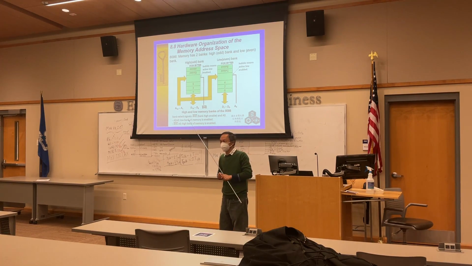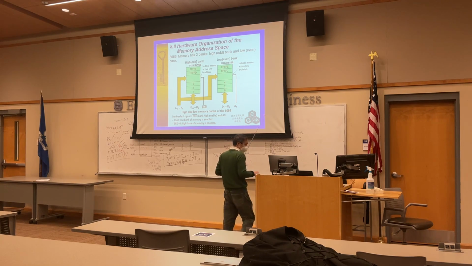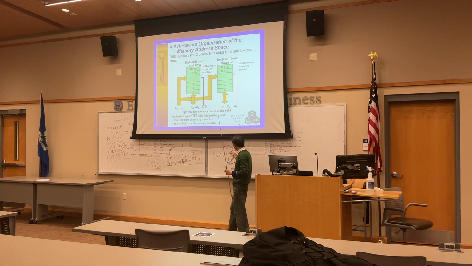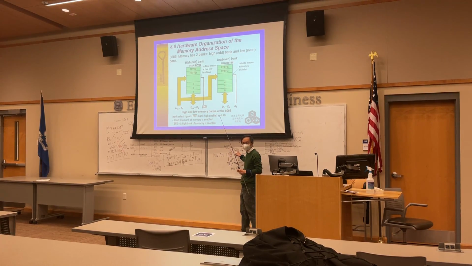Disable. Okay? However, if my address is odd, 1239H, now tell me, is A0 0 or 1? 9, even or odd? Odd. So A0 is 0 or 1? 1, right? 9 is 1001.